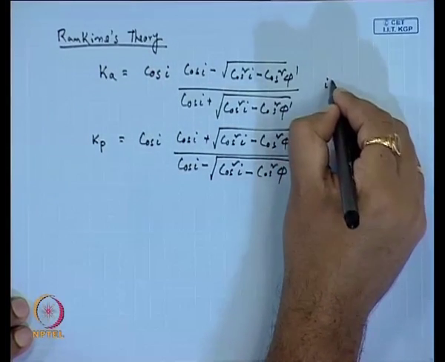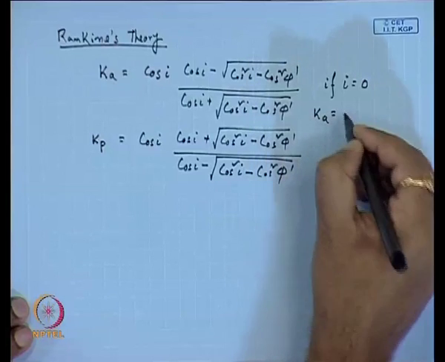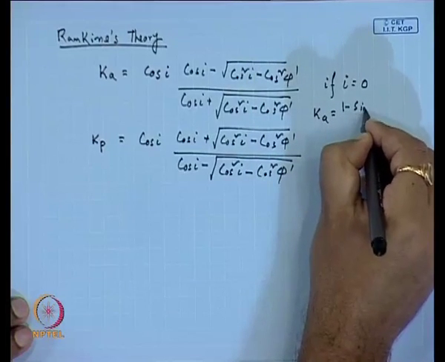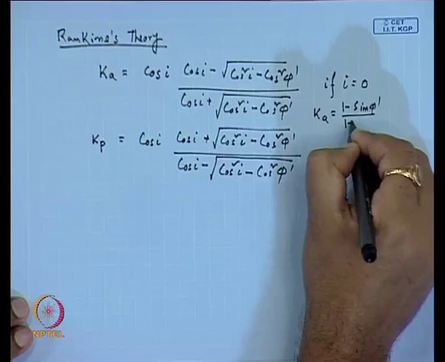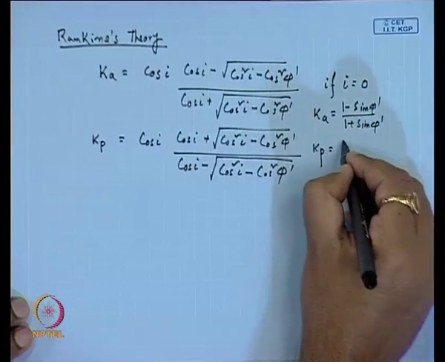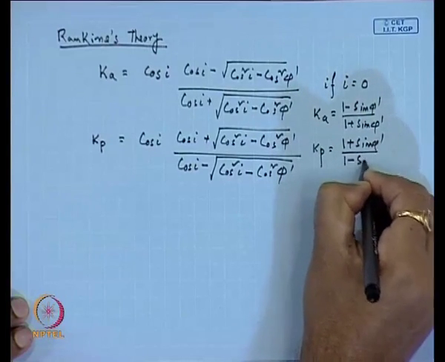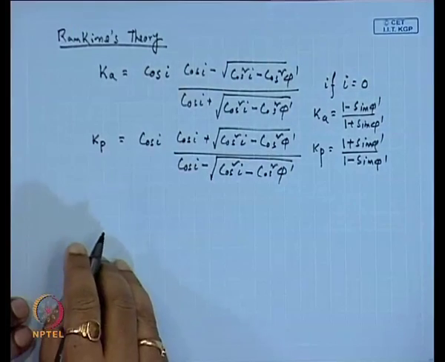If i is equal to 0, then K_A for the Rankine case is (1 minus sin phi dash) divided by (1 plus sin phi dash), and K_P is just reversed: (1 plus sin phi dash) divided by (1 minus sin phi dash).